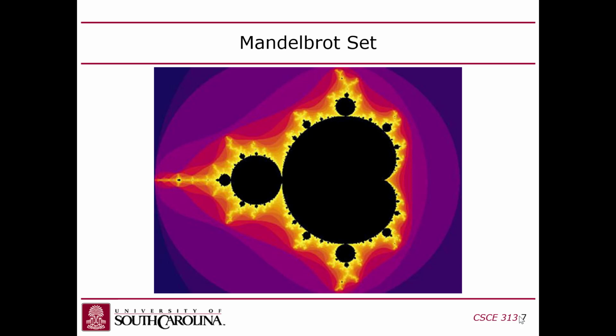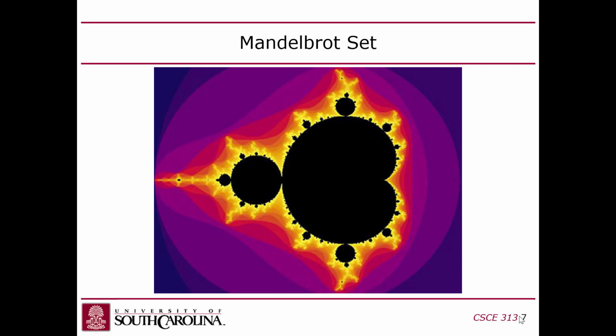So you take the 2D space, and you just associate a pixel with each point in here, right? Each one of those pixels represents just an x and a y value. It's just a grid of x and y values. The black pixels are pixels that are in the Mandelbrot set. So black means you're in the set. Anything other than black is not in the set.